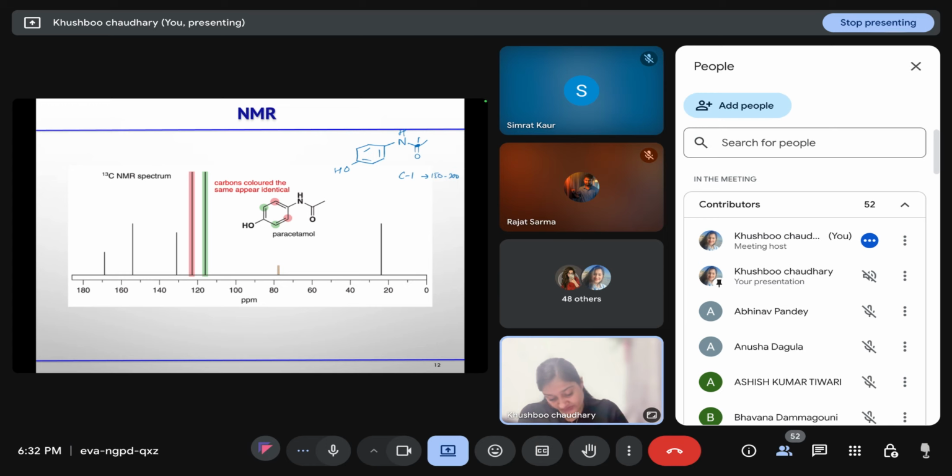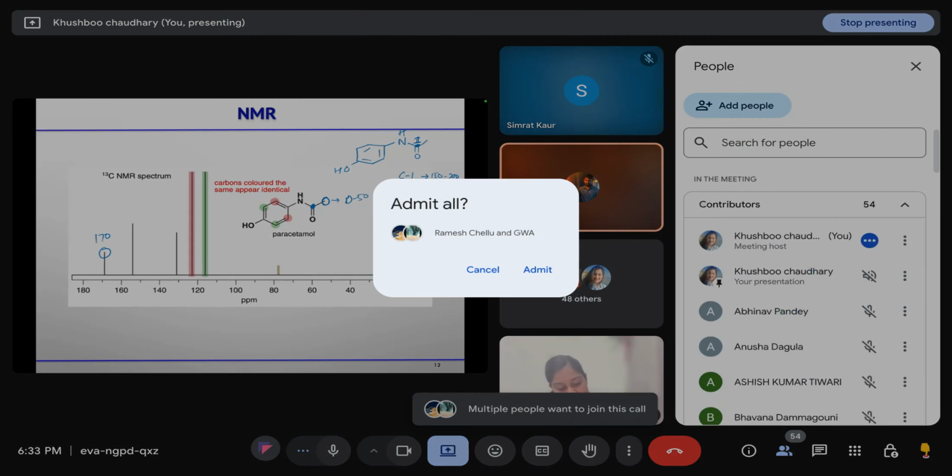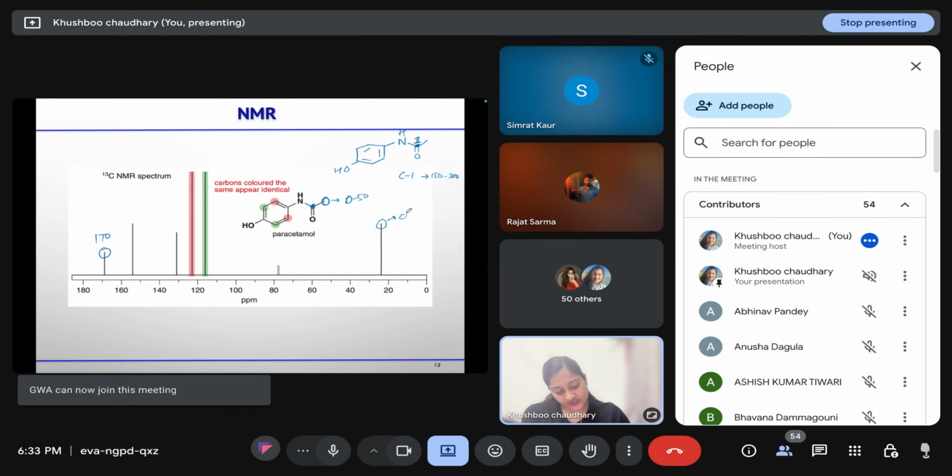So this carbon, in the range of around 170, is your carbon 1, the amide carbon. Then the CH3 that is attached to the carbonyl is in the region of 0 to 50 ppm. So this is the signal for CH3.